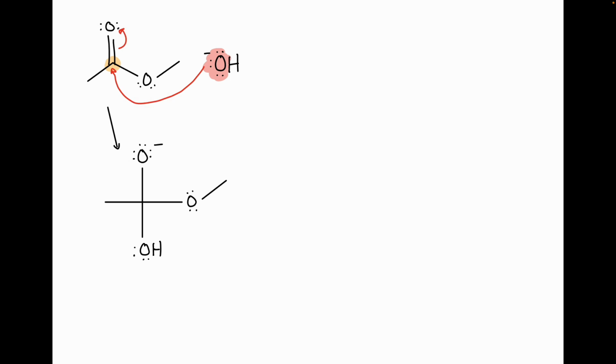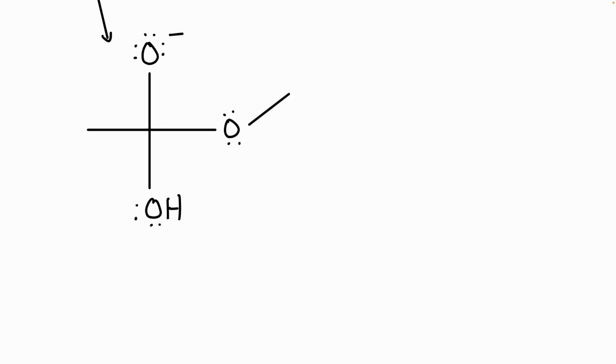All right, we get our tetrahedral intermediate, and what are we going to ask ourselves? Do we have a good leaving group? Now, to be clear, both of these oxygens, from an energetic standpoint, are identical leaving groups. In both cases, we're going to kick off a negatively charged oxygen.